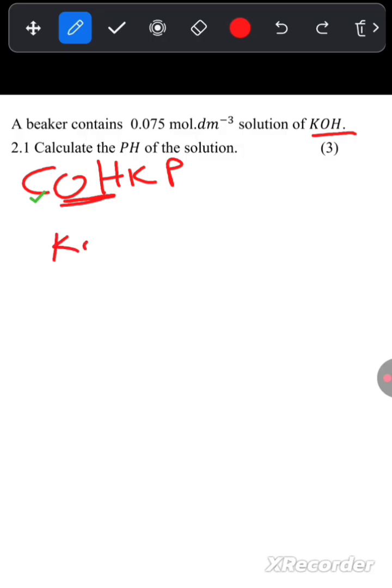I say KOH is to OH minus. How many OH minuses are there in the base? You've got 1. So the ratio is 1:1. On the left hand side, this will be 1. This second number can change, but this one is always 1.